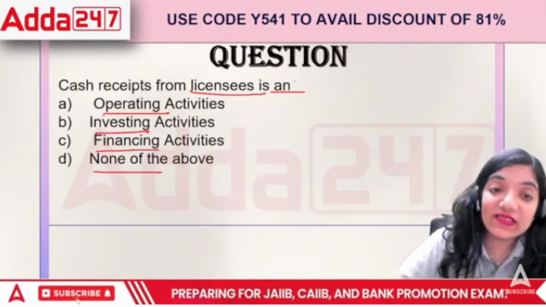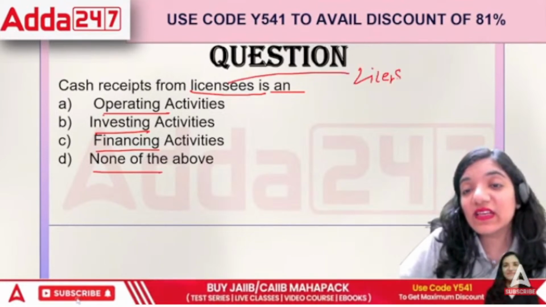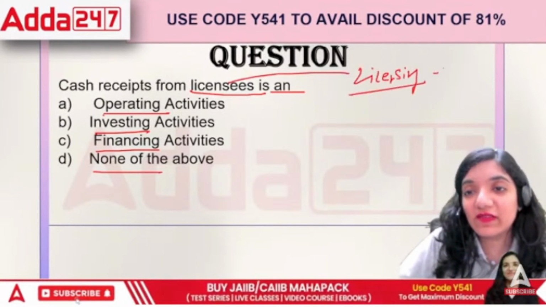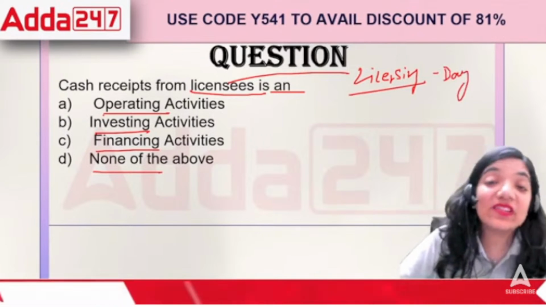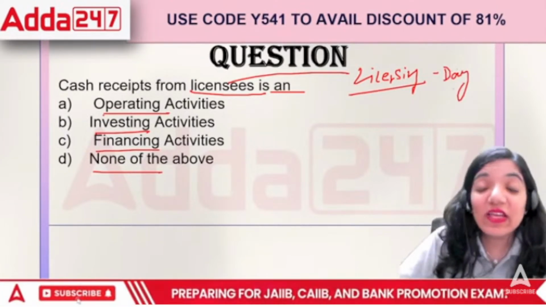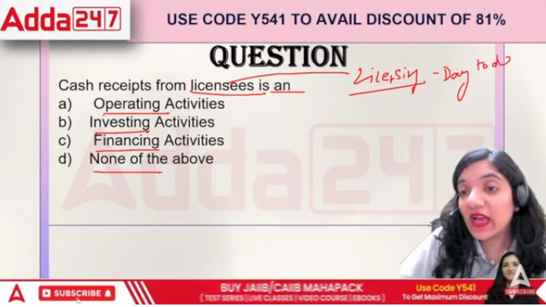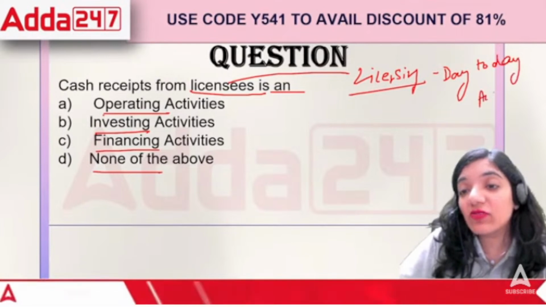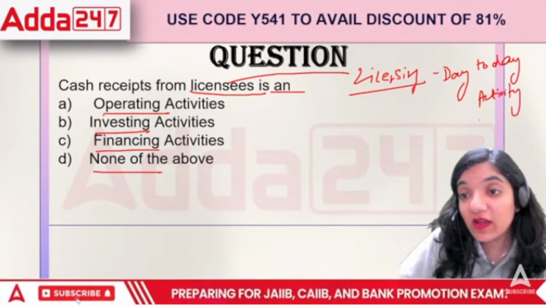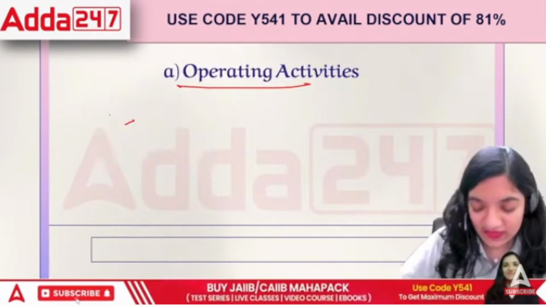Licensees clearly means we provide licenses to people, and that licensing is our day-to-day activity. You're receiving money from multiple licensees, which means you are giving licenses to multiple people. Whenever you find a day-to-day activity of a business through which they are earning, that is always called an operating activity.